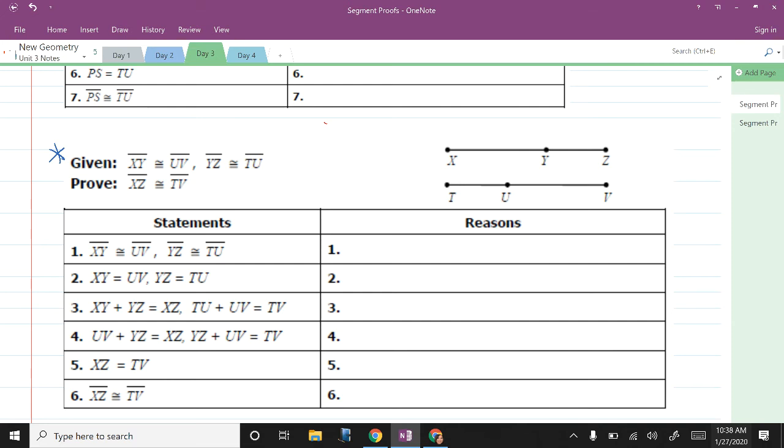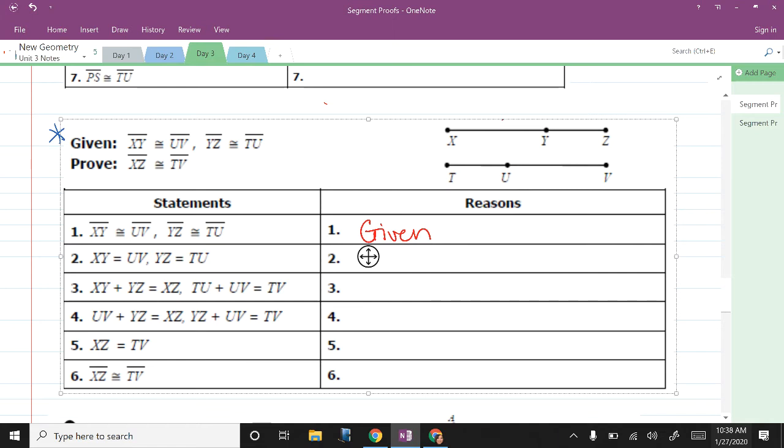So the first statement is what? It's a given. Now I'm going to mark on my paper what they said was congruent. It told me XY, which is this little segment right here, is congruent to UV, which is this segment down here. Mark it.